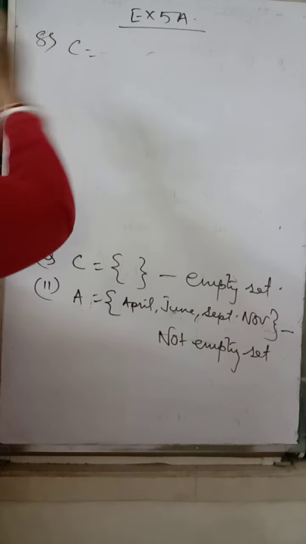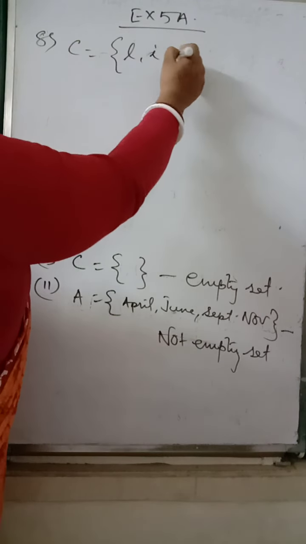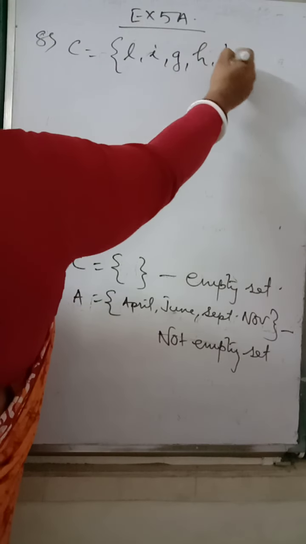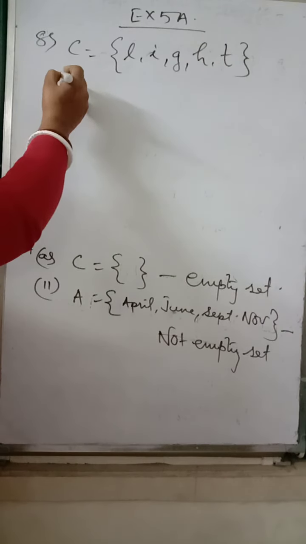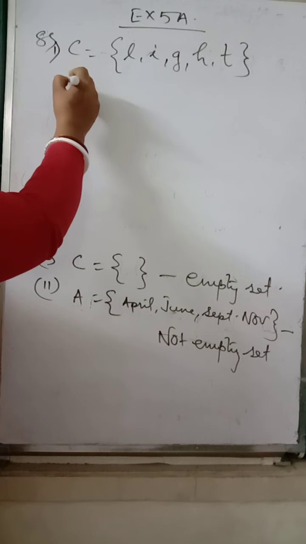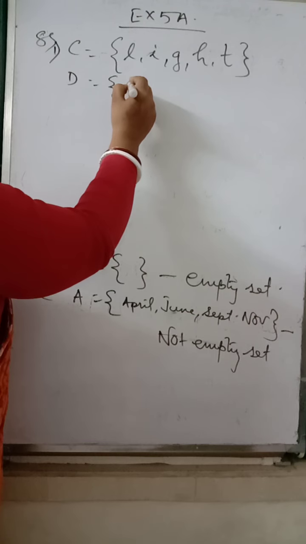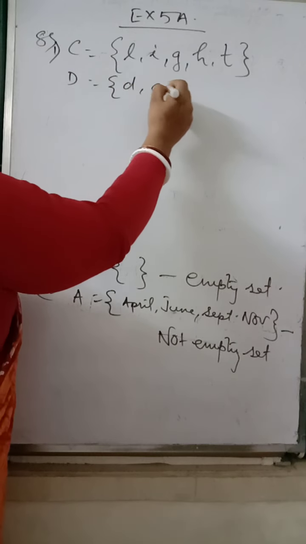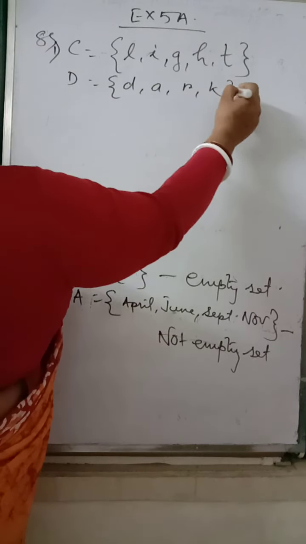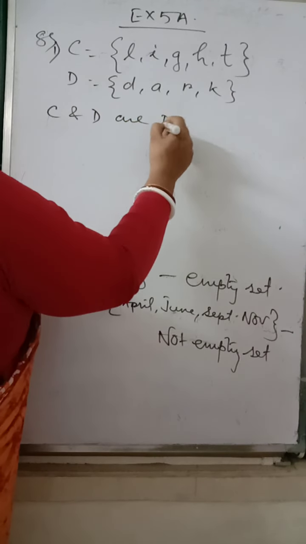C is equal to the letters of the word light. So L, I, G, H, T. And D is equal to the letters of the word dark. D, A, R, K. Nothing is common. So C and D are disjoint sets.